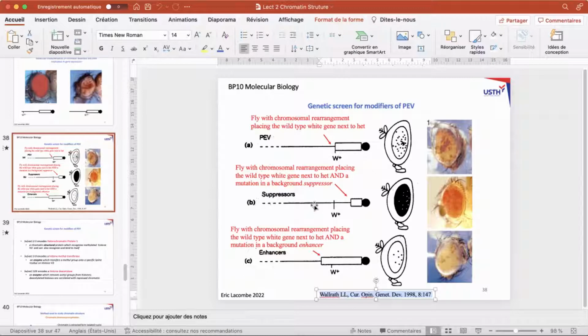Yes. Therefore, if we take the example of the suppressor of the phenotype, the phenotype of this construct is partially red. You suppress this phenotype because now it's completely red, and the suppression of this phenotype is due to a reduced expansion of heterochromatin.